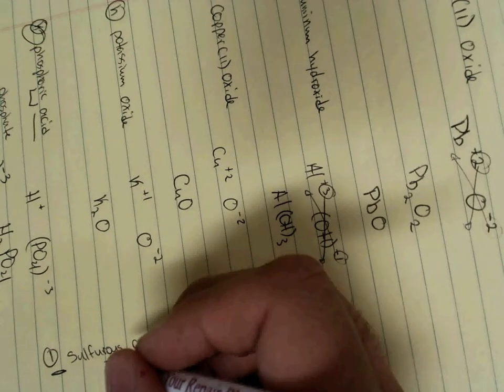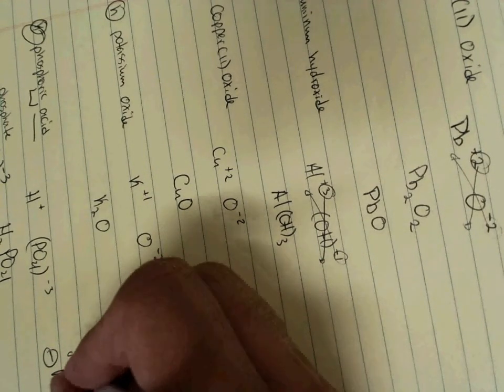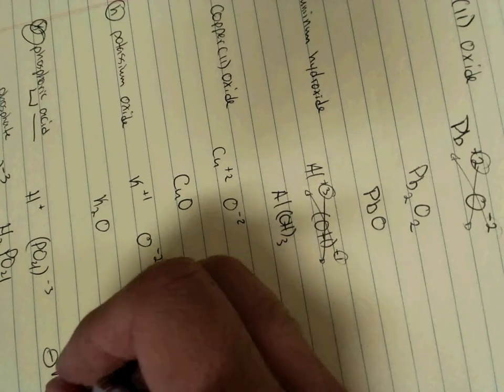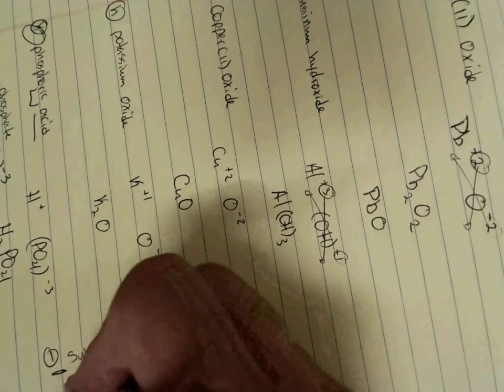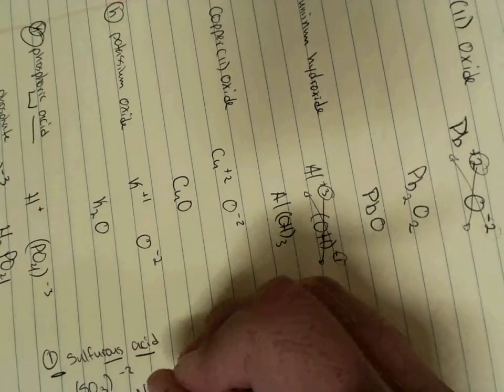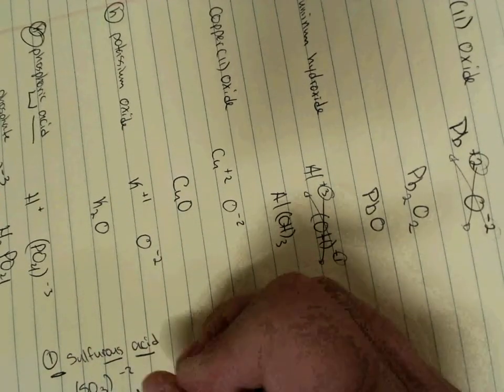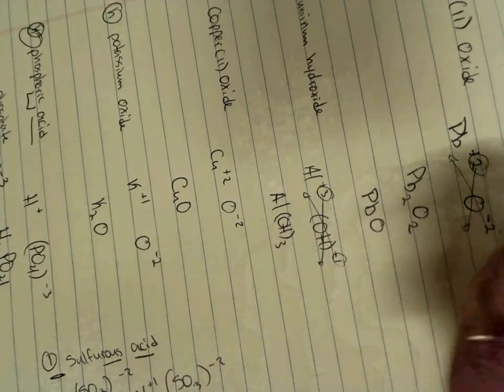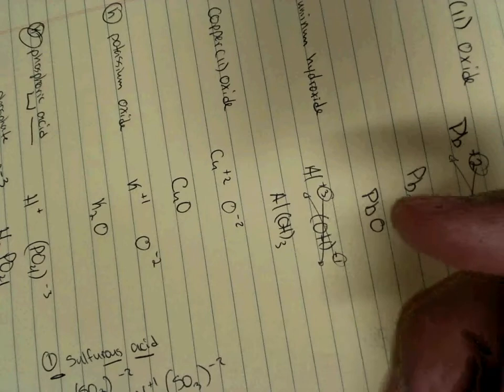That means it should be sulfite. I look at my table. Sulfite is SO3, and it has a negative 2 charge. So I'm going to put SO3 with a negative 2 charge. I'm going to crisscross, H2SO3, sulfurous acid.